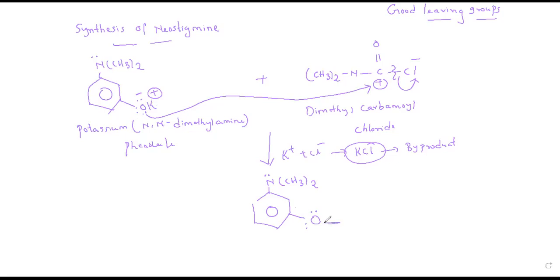So this is a new bond which is going to form between oxygen and carbon. So you can write the same here, followed by this one, nitrogen with two methyl groups. You can write N(CH3) taken twice, or you can write in this way also. There is no issue. Okay, so this is neostigmine.